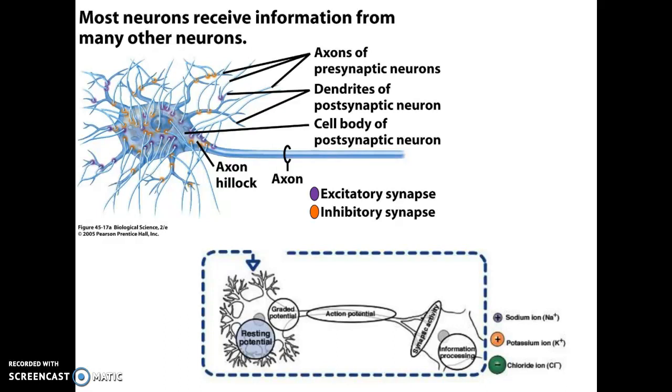Calcium rushes in, causes the synaptotagmin to cause the V snares and T snares to bring the vesicle in contact with the cell membrane, and once fusion occurs, then the chemicals that are loaded in those vesicles go into the synapse, travel across that 40 nanometer space, and bind to receptors on the other side.